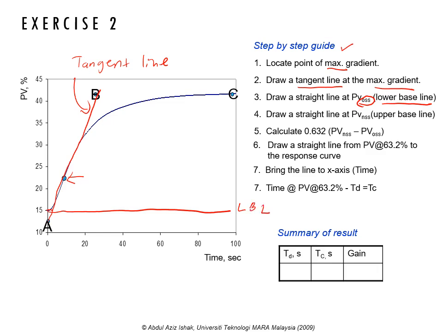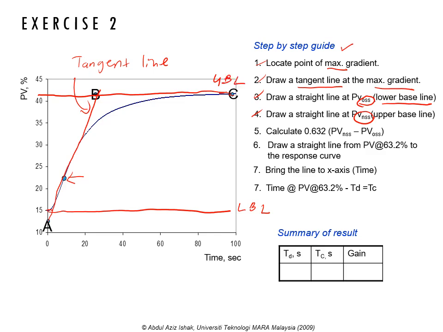Next, you need to draw a straight line at the PV at the new steady state value. This is the new steady state value, so you need to draw a straight line. This is your upper baseline.